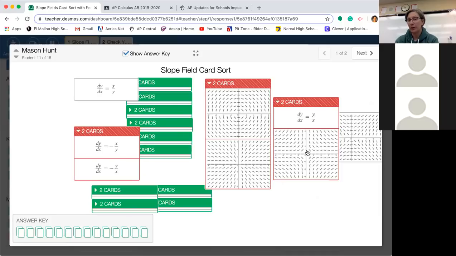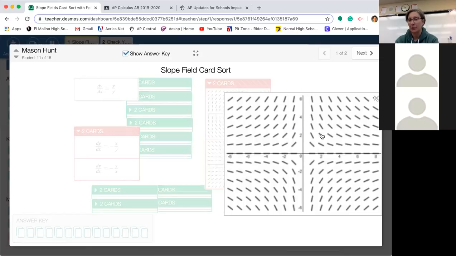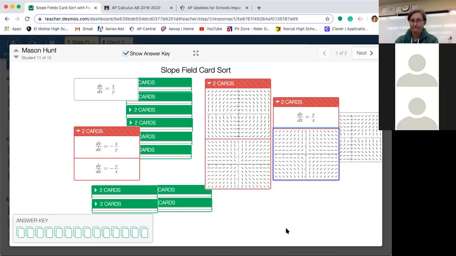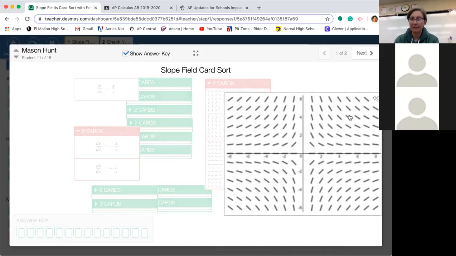But that's definitely a negative slope there. I can look at the diagonal line. They're all negative. There's the x equals y line. The slope is exactly -1. Oh, you're right. Look at that. I didn't even notice that.